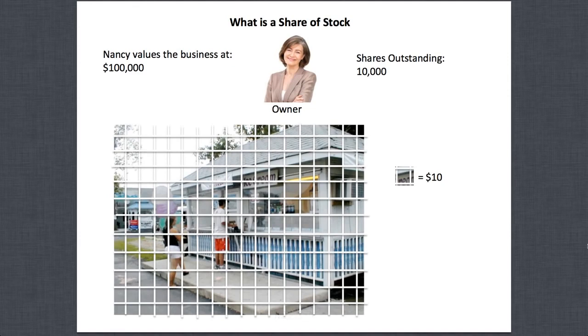As you can see, I took the picture of the ice cream stand, which was a whole business she was valuing at $100,000 and trying to sell with no luck. What she did is divide this company up into 10,000 pieces. The little squares there represent that she split that business up into 10,000 different pieces.